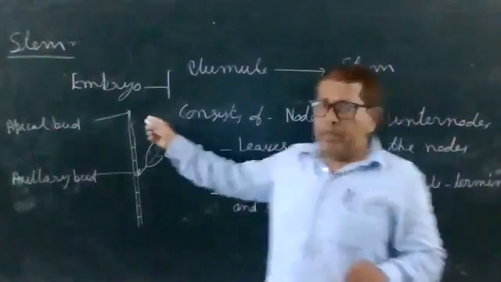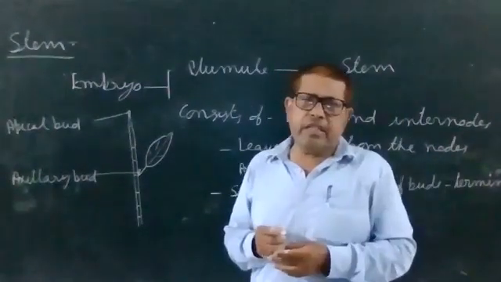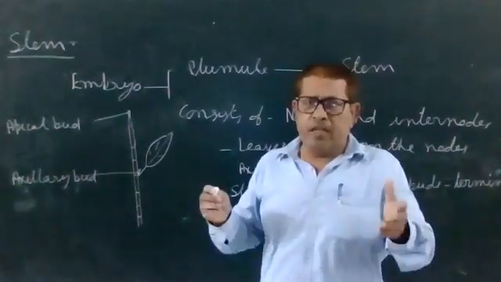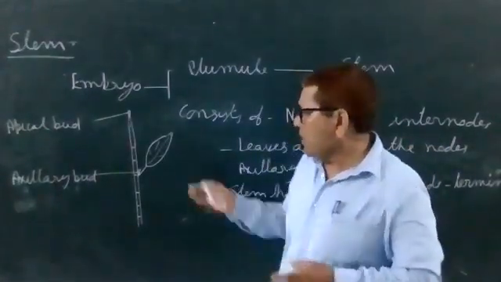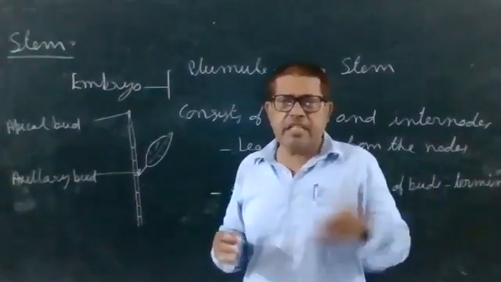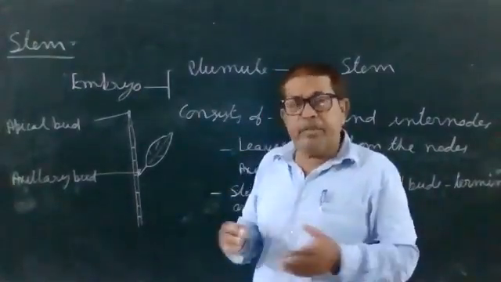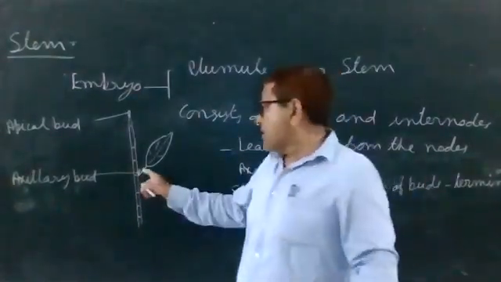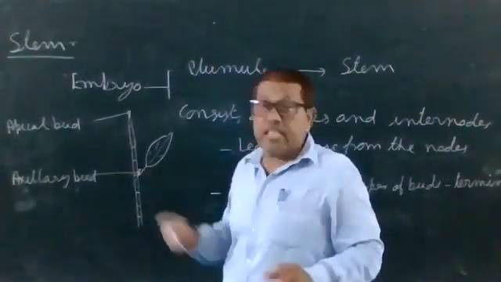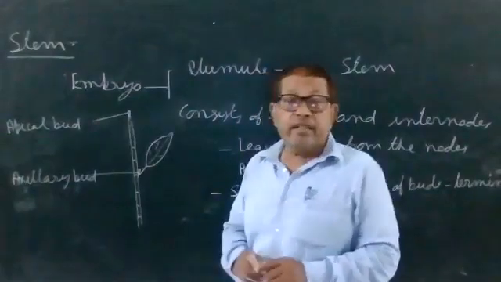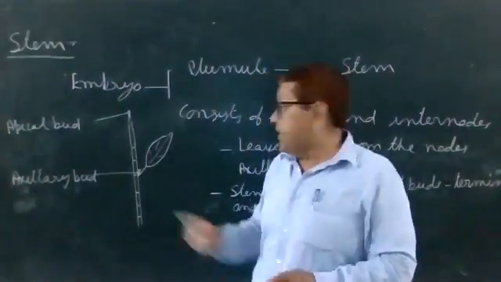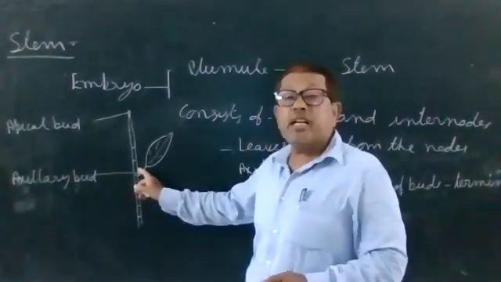The apical bud is responsible for producing either some branches or other parts. The axillary bud gets its name since it is found in the axil, in between the leaf and the stem. This portion is called axil.